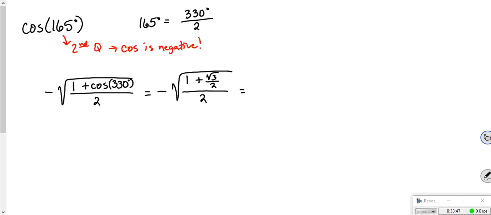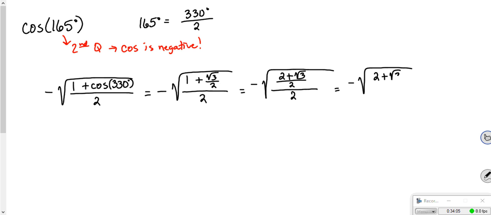Okay, and again, same kind of deal as last time. This is going to give me 2 plus root 3 over 2, all of that divided by 2, which in the long run is going to end up giving me 2 plus root 3 over 4, which is negative square root of 2 plus root 3 over 2.